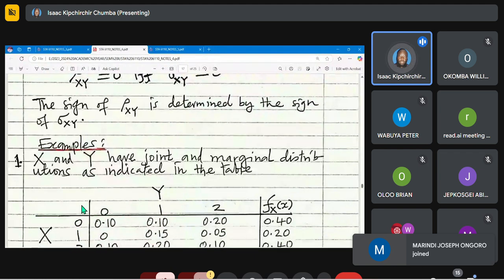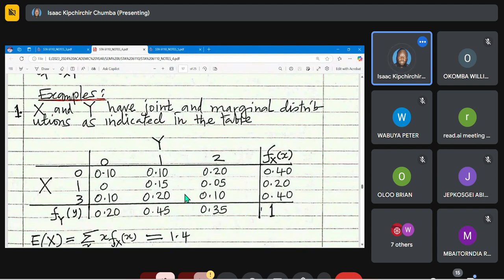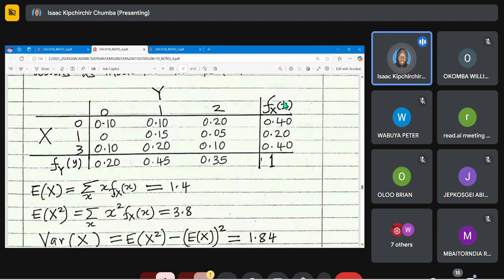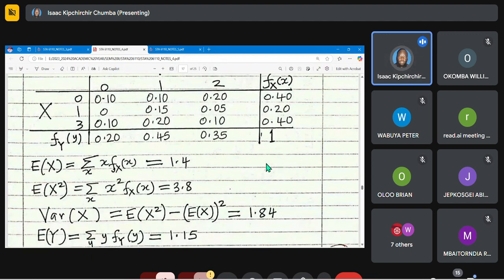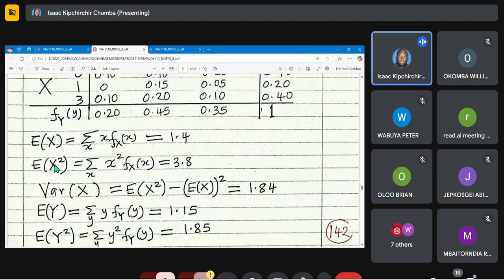So here is an example. X and Y have joint and marginal distributions indicated below. This is for discrete: possible values of X are 0, 1, 3, and possible values of Y are 0, 1, 2. These are the joint probabilities, the marginal of X, and the marginal of Y. Given this information, one can get the mean of X, the second moment of X, and the variance of X, just using the marginals.